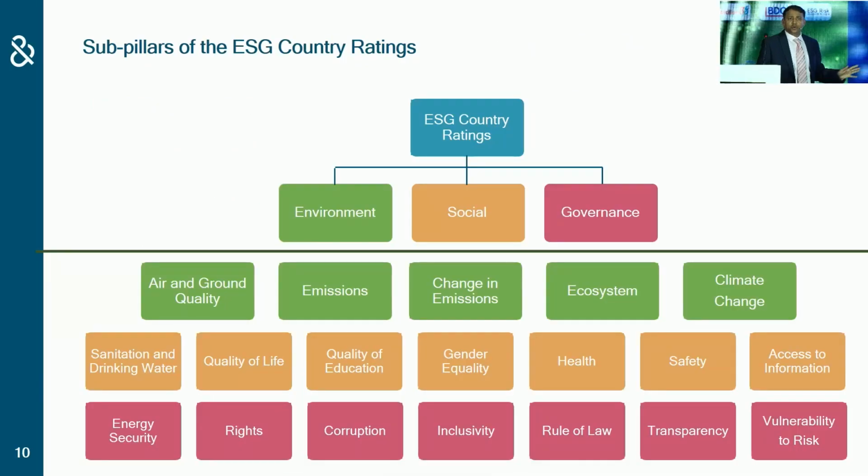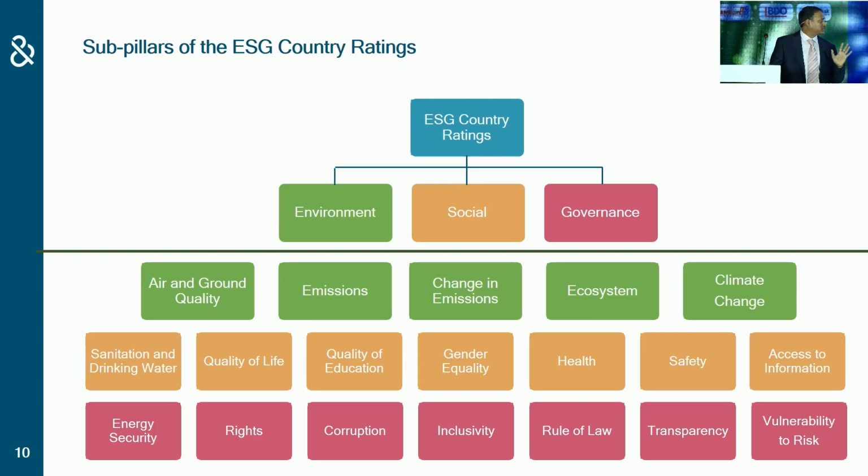Now, there are various scores. It's not just overall ESG scores. There are scores on the E front, the S front, and the G front. And within E, how the air quality looks, how the emissions look, how the change in emissions looks, and in fact ecosystem and climate change.